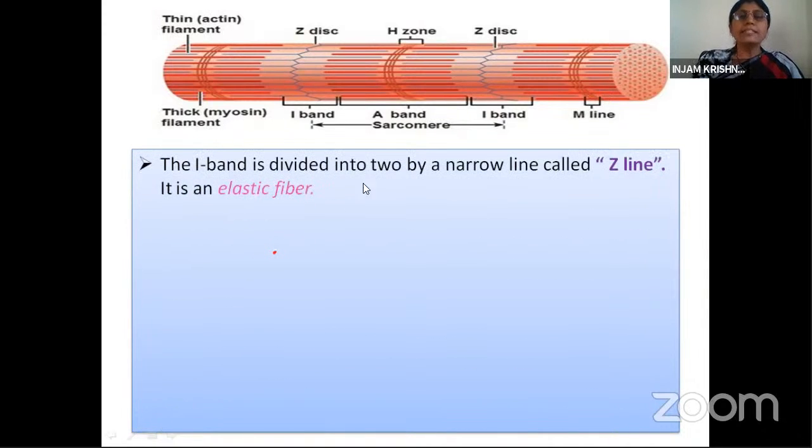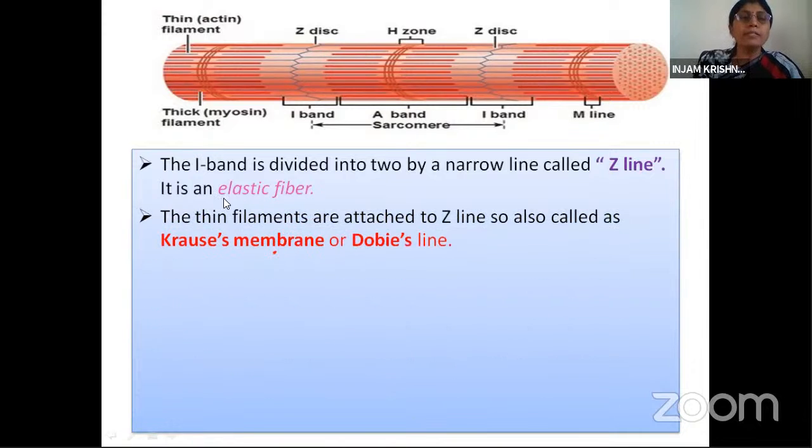The I band is divided into two by a narrow line called the Z line. It is an elastic fiber. Yes, we have to remember this word, elastic fiber. What is the nature of the elasticity? Elastic means it is stretchable, and after withdrawing the force, it comes back to the normal position. So only the Z line has an elastic nature.